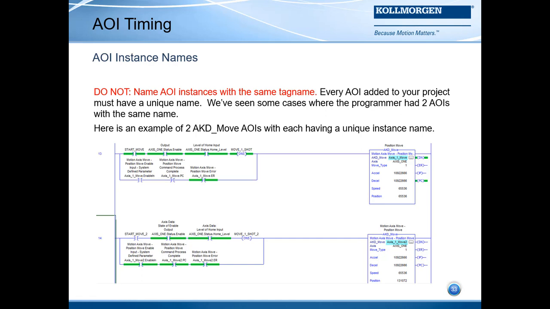Here's an example of two AKD move add-on instructions, each having a unique instance name. You'll notice in the first rung that it's called axis_1_move, and then the next one is called axis_1_move_2. You can name this anything you want, but each instance should have a unique instance name.